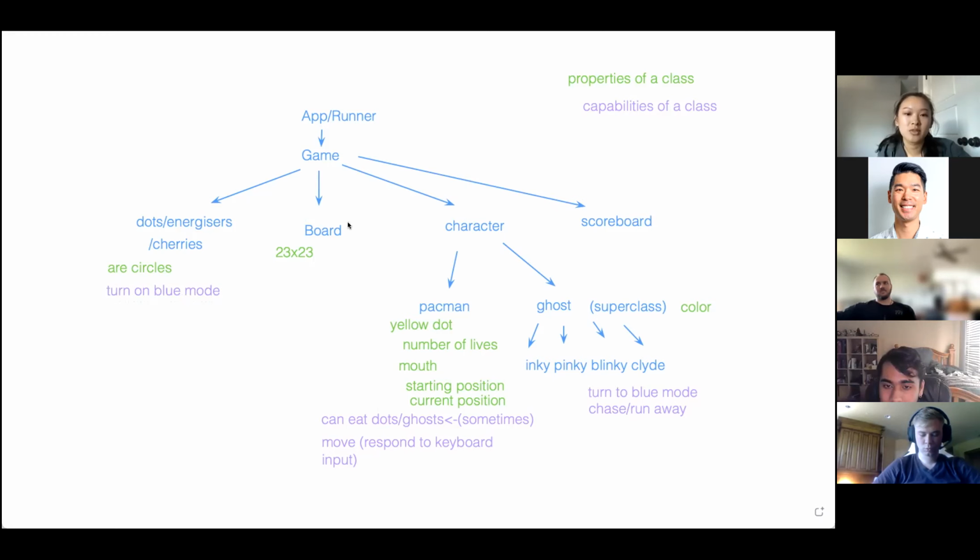Let's expand a little bit on the board class. So we know that a board is made of 23 times 23 squares. Maybe it would be useful to have a board square class.